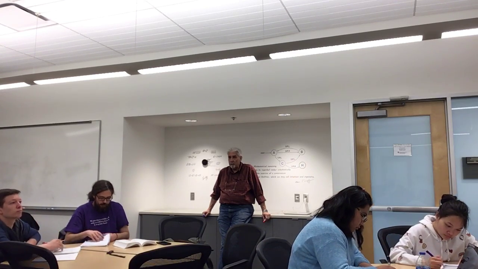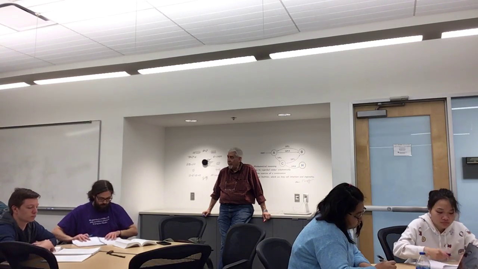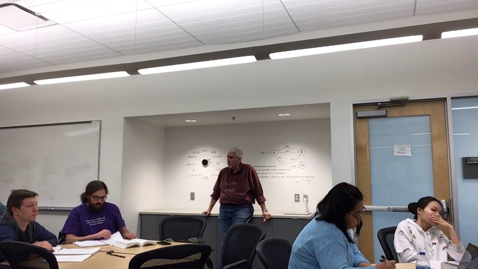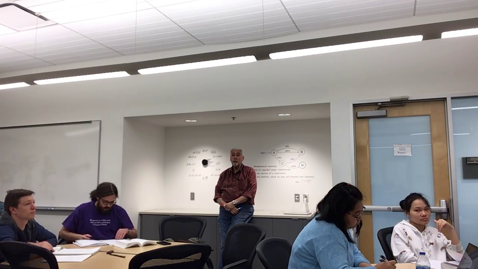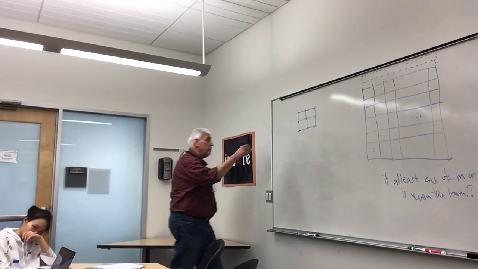If it is Hamiltonian, what can you tell me about the edges at vertices of degree 2? If it's going to be Hamiltonian and you have a vertex of degree 2, then these edges must be used.